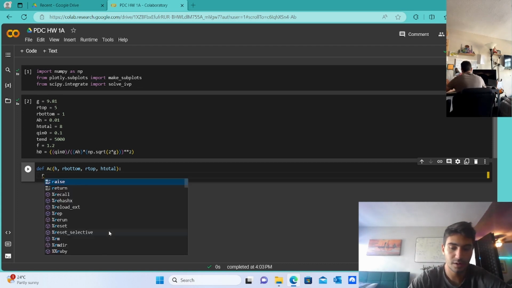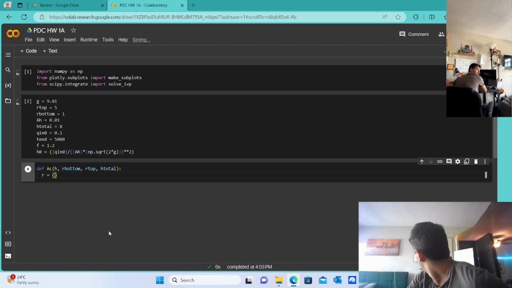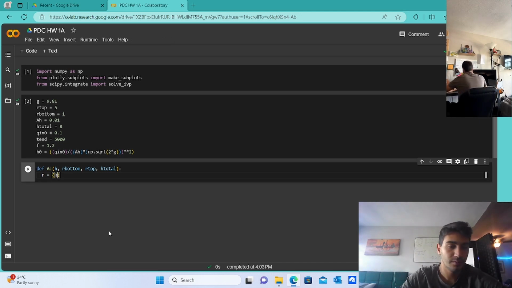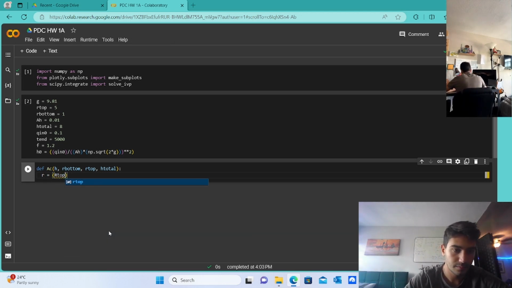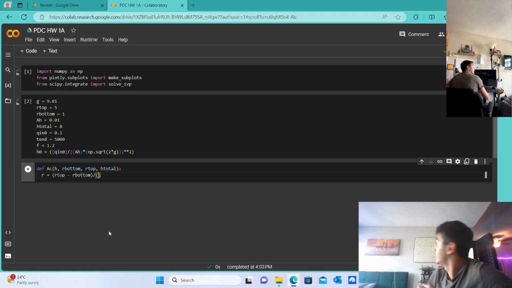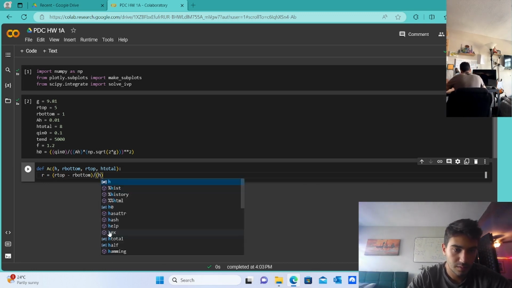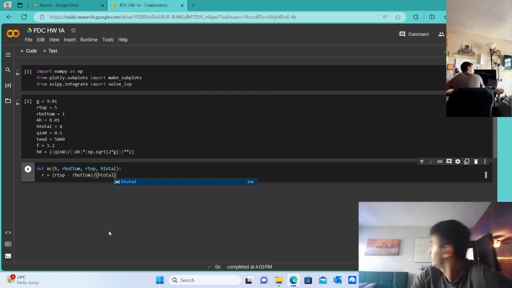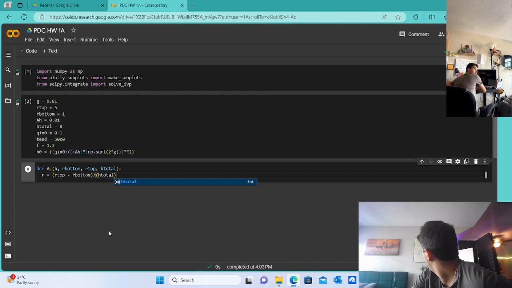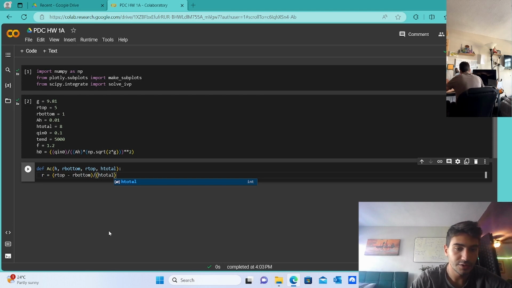So we have R top minus R bottom, right? Capital R top minus R bottom, and that whole thing is divided by H total minus 0, so let's do H total.